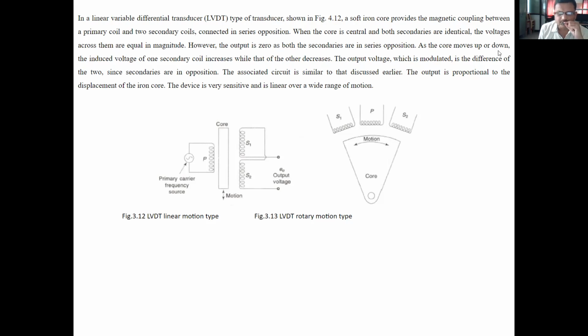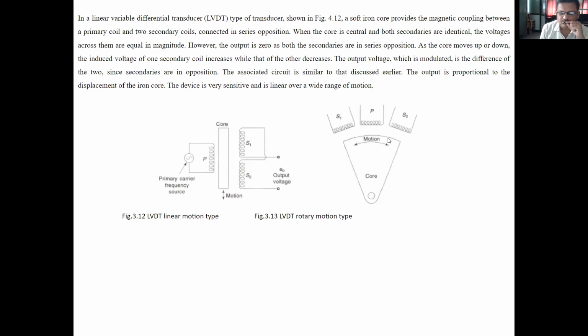As the core moves up and down, the induced voltage of one secondary coil increases while that of the other decreases. The output voltage, which is modulated, is the difference of the two. Since secondaries are in opposition, the associated circuit is similar to that discussed earlier. The output is proportional to the displacement of the iron core. The device is very sensitive and is linear over a wide range of motion. Therefore, this is LVDT for linear motion type.